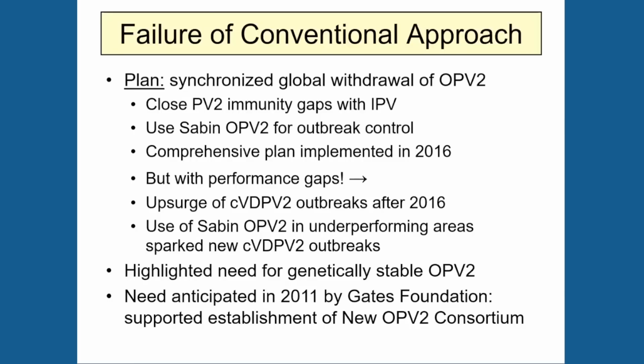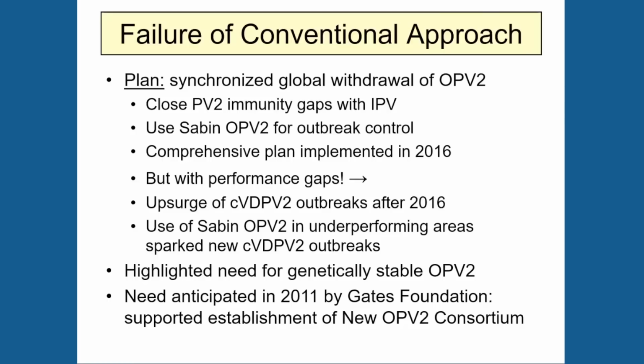So the WHO tried the conventional approach, and as you'd already heard, the plan was synchronized global withdrawal of OPV2. They chose the lowest point of the polio season in the Northern Hemisphere to do the withdrawal, to stop using the Sabin type 2 OPV component.